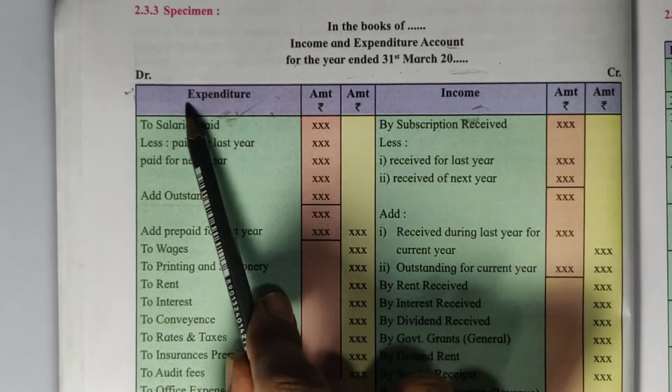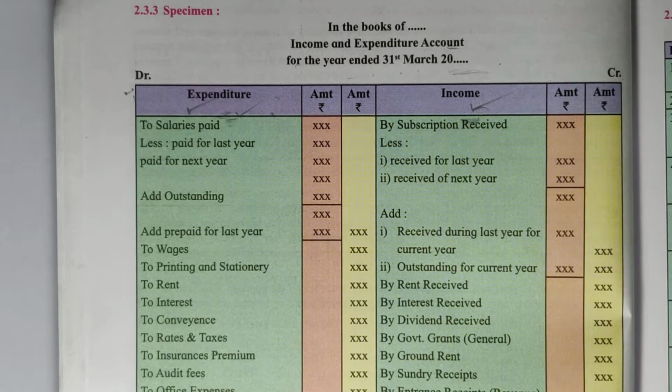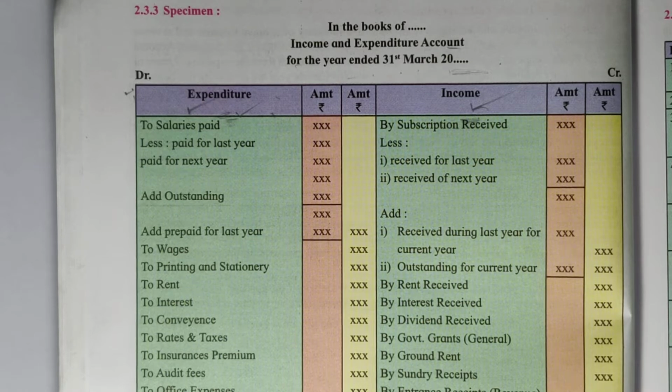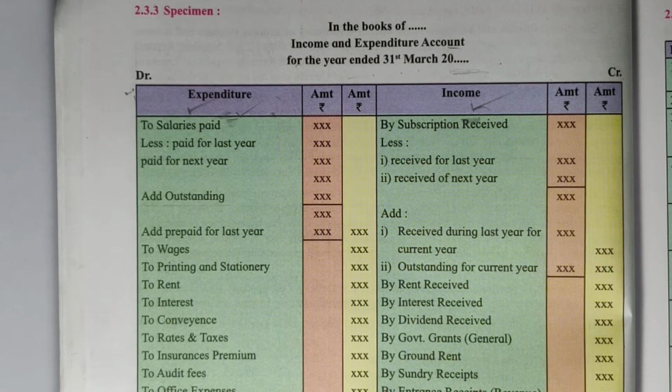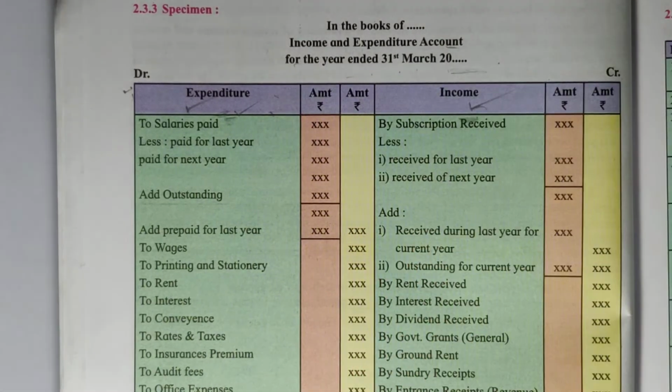Only revenue expenses and only revenue incomes, that is the expenses which are recurring in nature, for example salary paid, electricity paid, rent paid, interest paid. These are to be recorded to expenditure side of income and expenditure account.